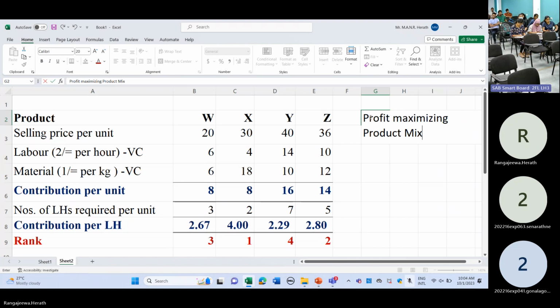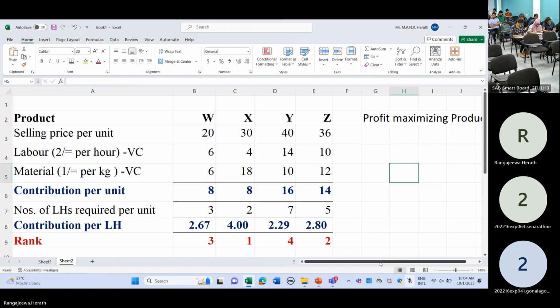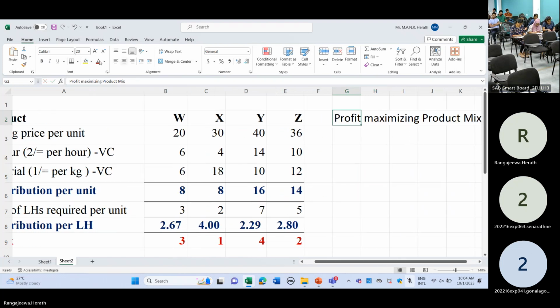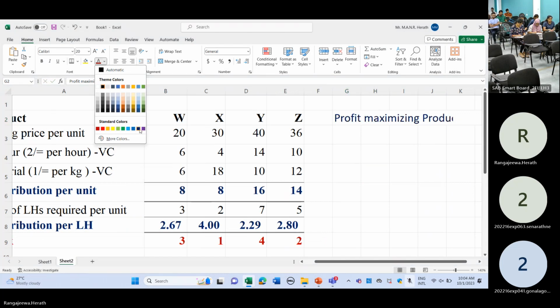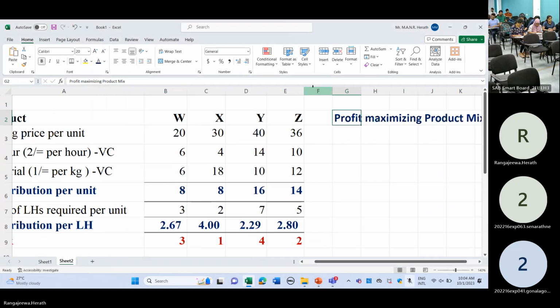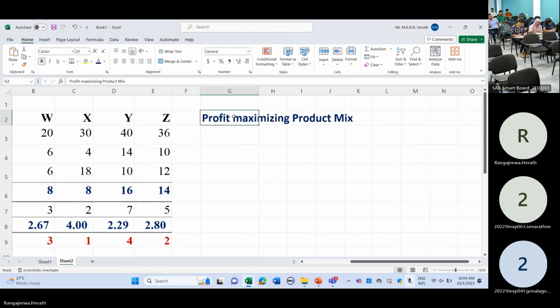First you select X, 5,000 units of X. X only 5,000.